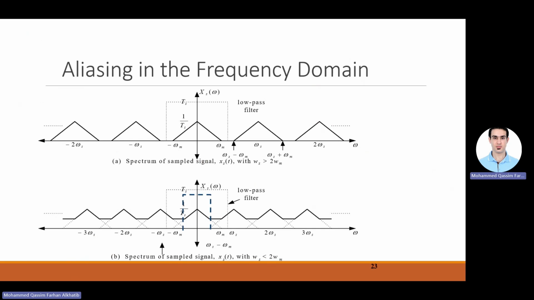All right. So when you sample at twice or larger than twice the maximum frequency, you'll get these spaces and there will be no aliasing. However, if you do not sample at the proper frequency, you will have aliasing here, and this will cause a distortion in your signal.